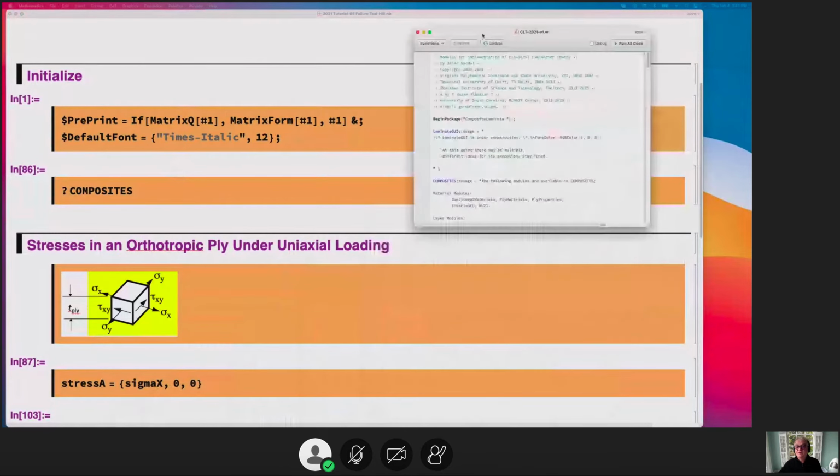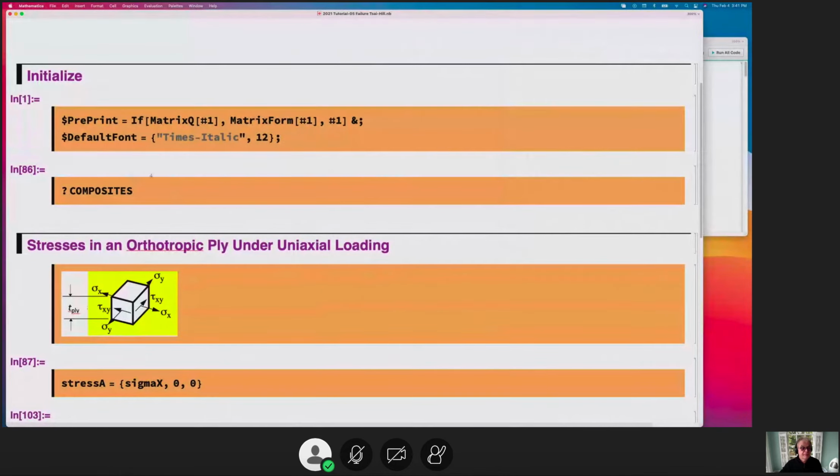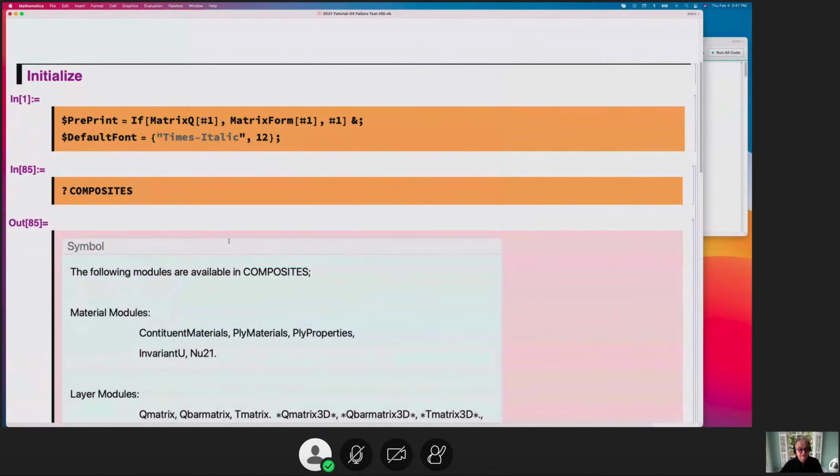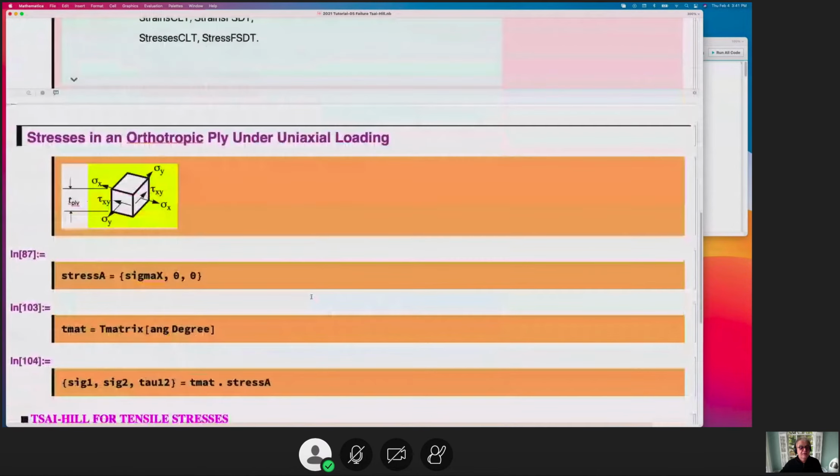And the reason why I'm opening this is, of course, I need to load my program for composites, run all the code. I did run all the code now, so I can move that to the background. And with that, if I type question mark composites, it should recognize, yes, it does. So it means all of these are in place.